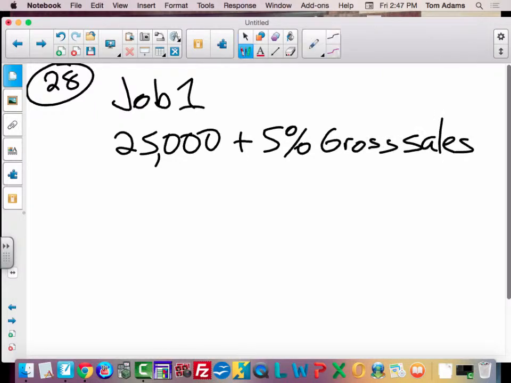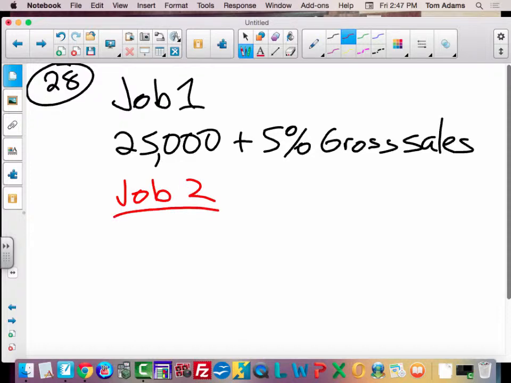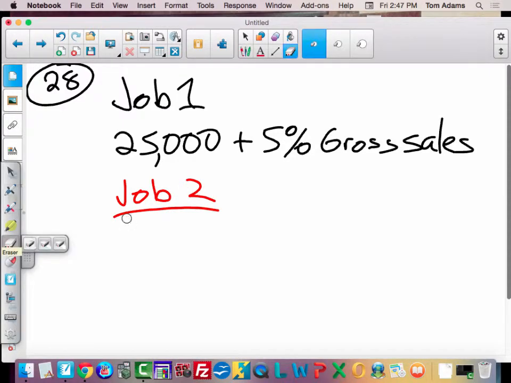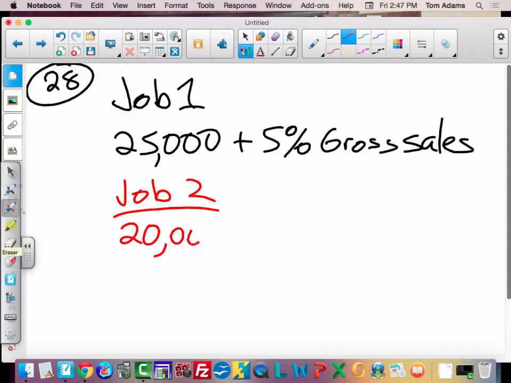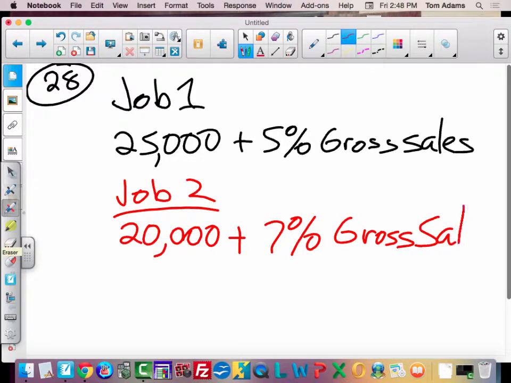And then job 2, they're offering 20,000 plus 7% of gross sales. How much money do you need to sell in order for Ruth to take the second job over the first?